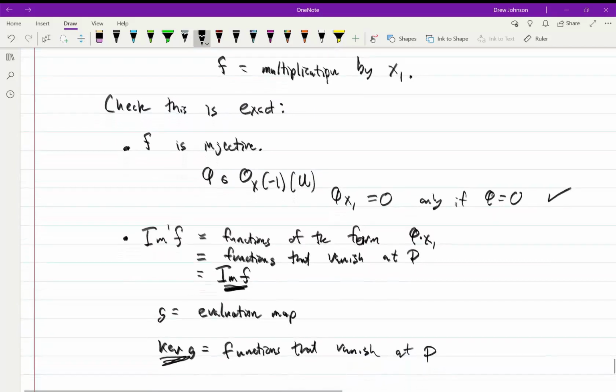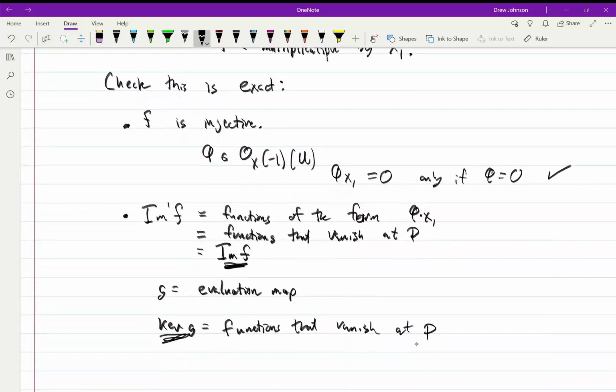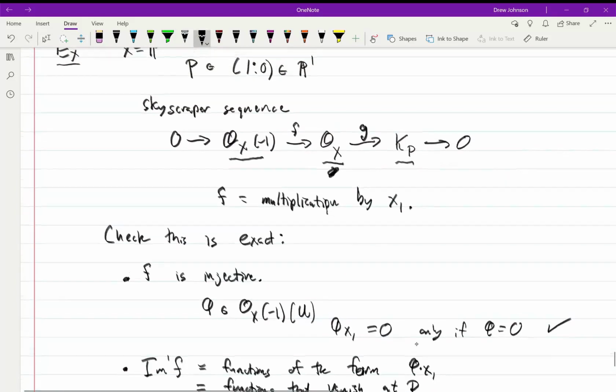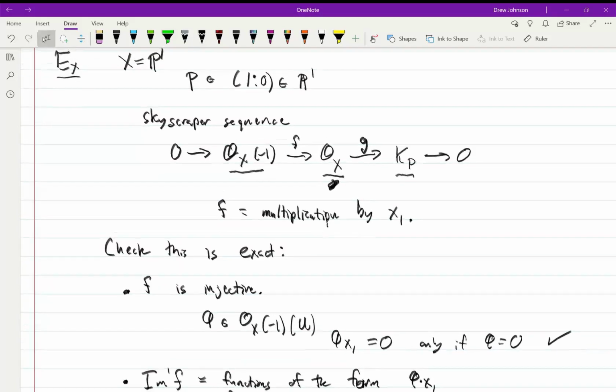Okay, the last thing we need to check is that g is surjective. But this is easy already, because even if you just take the constant functions, a constant function is a regular function, and even just taking those, that will map surjectively onto K_P. Remember, K_P is just the field K concentrated at the point P. Okay, so we've checked that this skyscraper sequence is exact.